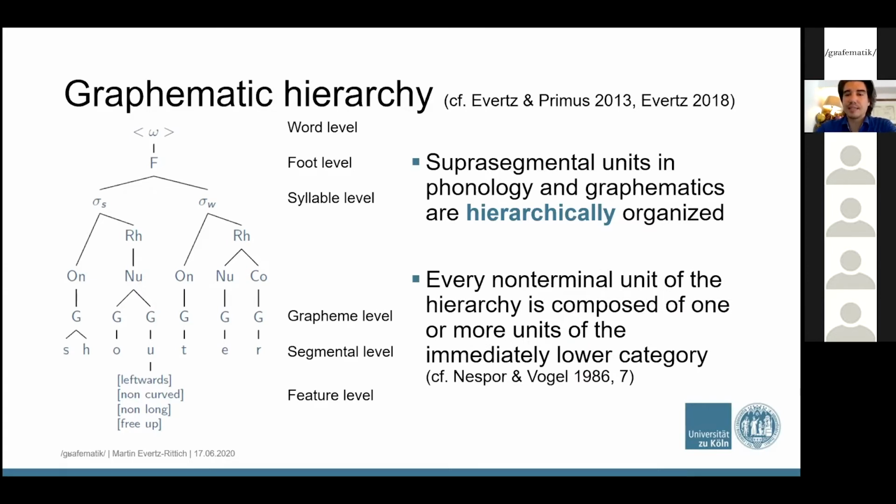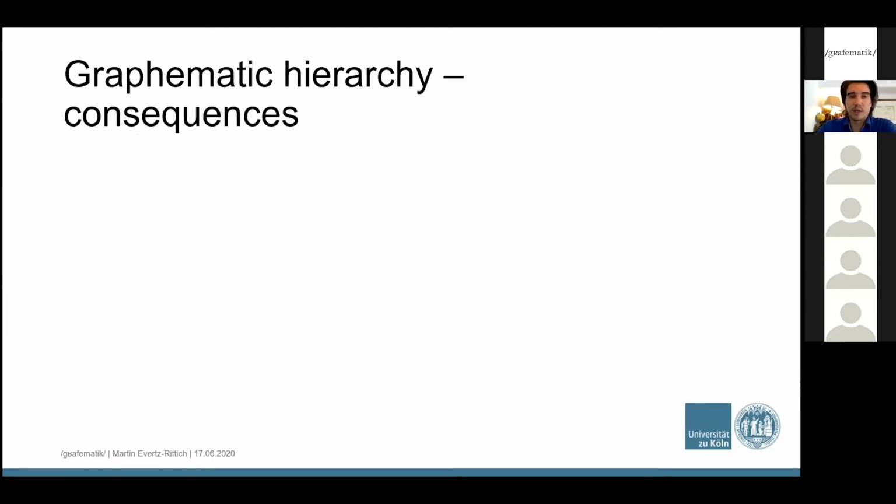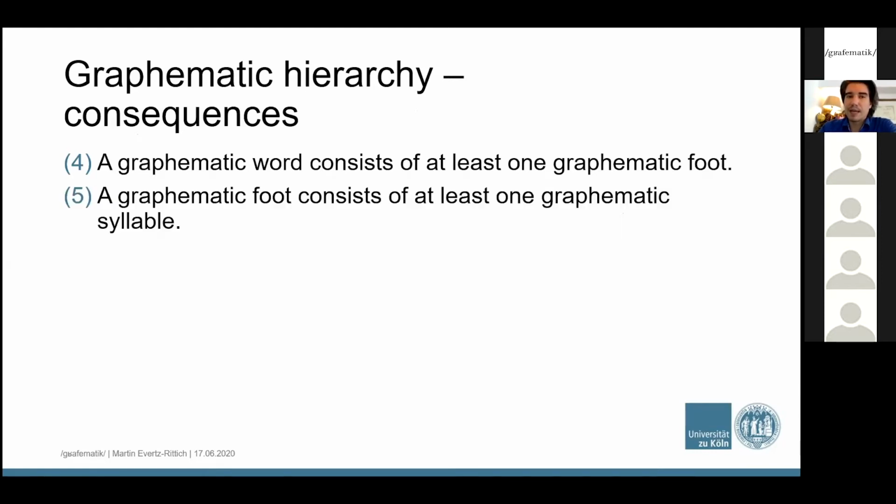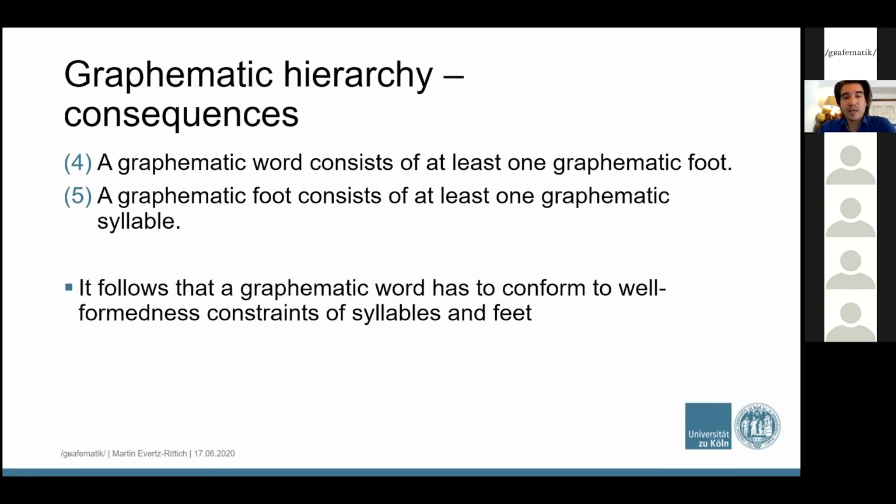It means that every non-terminal unit of the hierarchy is composed of one or more units of the immediately lower category. The consequences of this are that a graphematic word consists of at least one graphematic foot, and a graphematic foot consists of at least one graphematic syllable. It follows that a graphematic word has to conform to well-formedness constraints of syllable and feet.